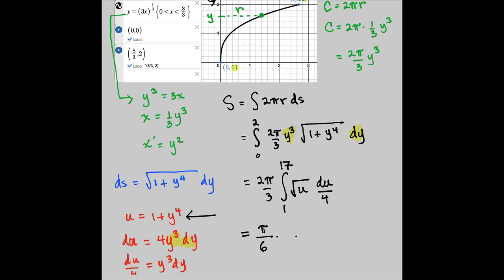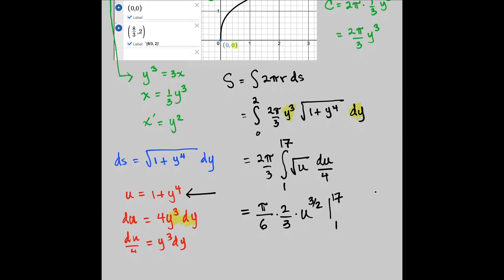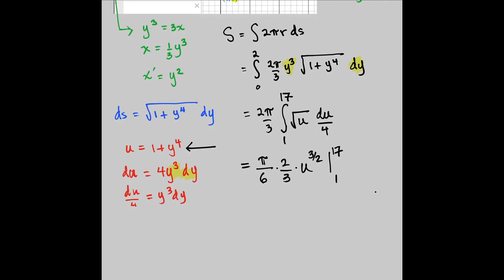Let's do our integration. U to the 1/2, we add 1 to the exponent. Dividing by the new exponent gives a multiplication of 2/3. Our limits of integration are 1 and 17. This will give us pi divided by 9, canceling out a 2.